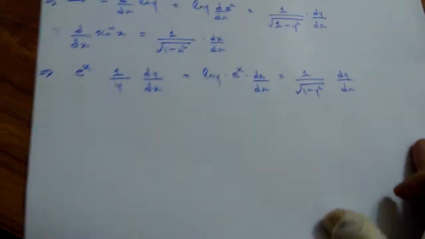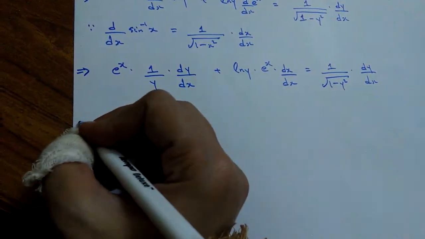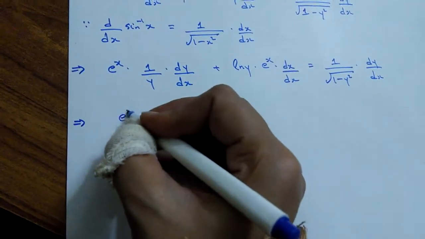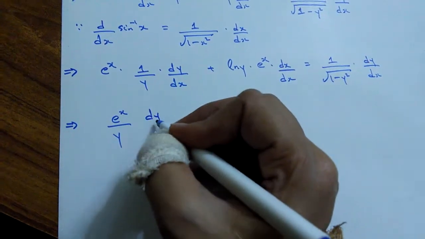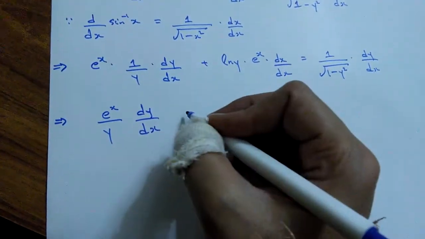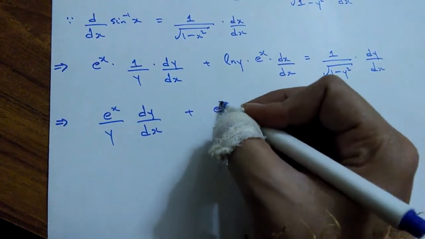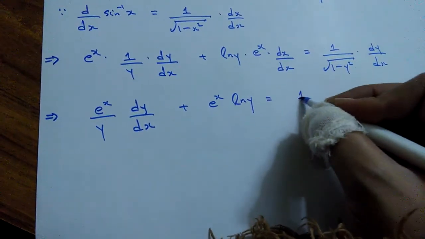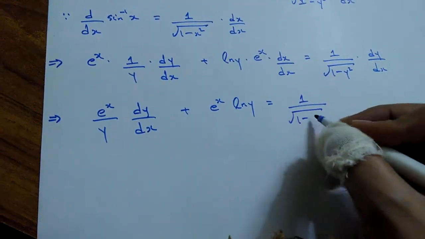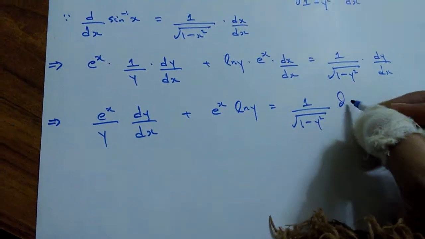All right, so now what else? It is e^x upon y dy/dx plus e^x ln y is equal to 1 upon under root 1 minus y square dy/dx.